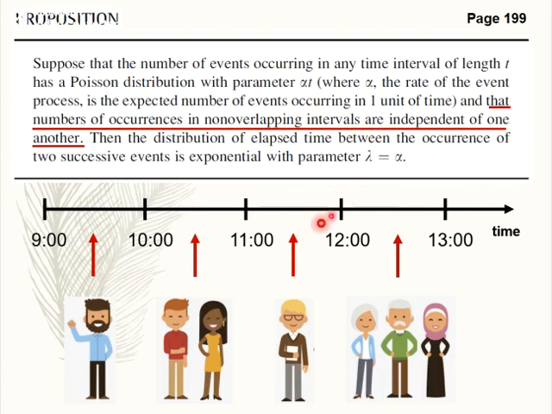In other words, the number of customers that arrive in this interval is independent of the number of customers who arrive in that interval. The fact that we saw two customers here has no impact on how many customers we'll see in that interval, as long as the time intervals do not overlap. That's what that middle sentence is trying to say.